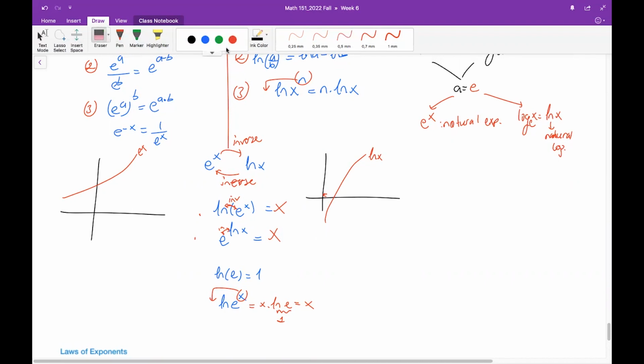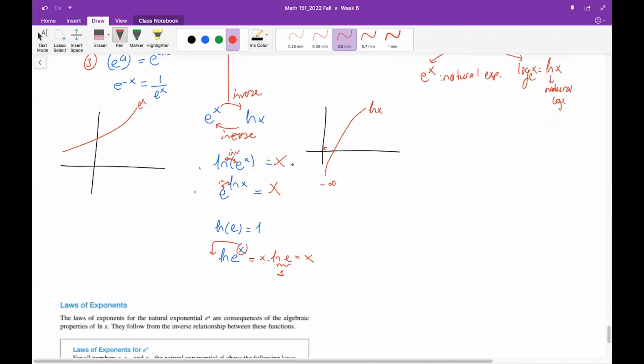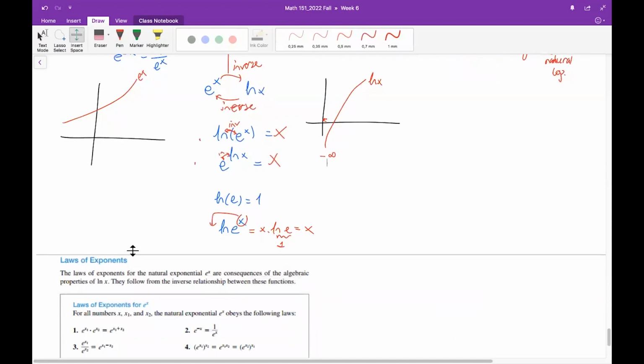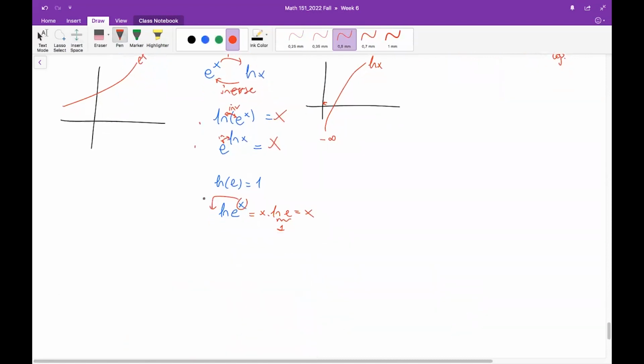As we know that they are inverse functions to each other, their graphs should satisfy something, right? The graphs of inverse functions should be symmetric with respect to the y equals x line. So what does this mean? Let's put the y equals x line here. Yes, this is y equals x. Let's draw the graphs of the ln x function and the e to the power x function over the same coordinate system.